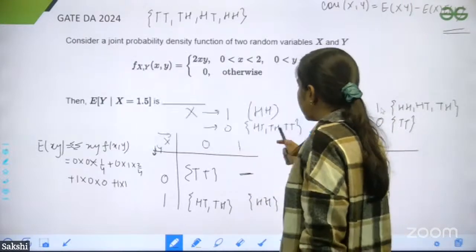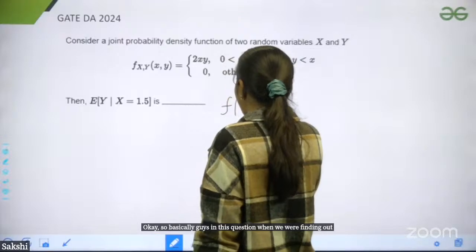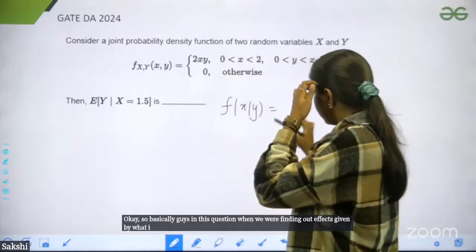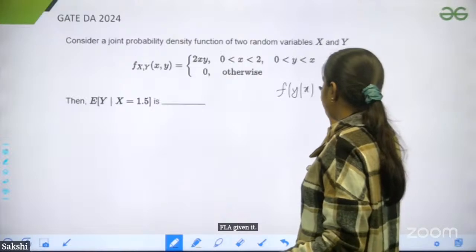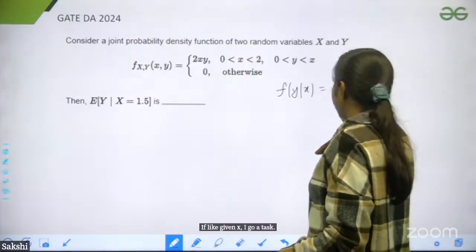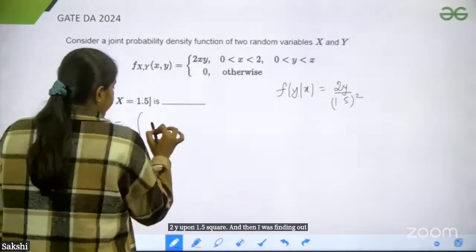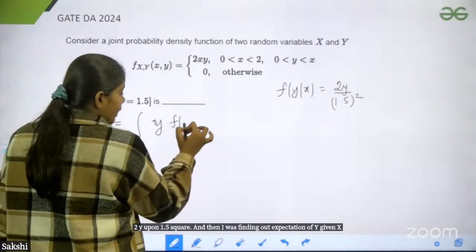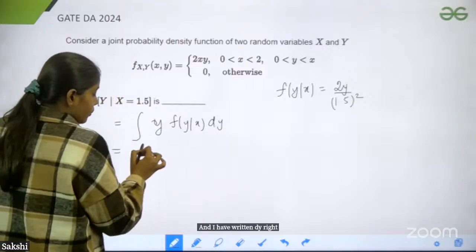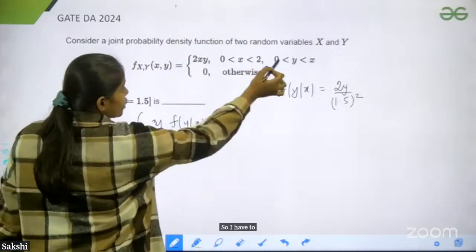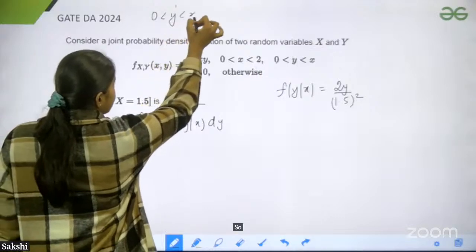Okay, so basically, guys, in this question, when we were finding out f of y given x, I got f of y given x as 2y upon 1.5 square. Then I was finding out expectation of y given x, and I have written f of y given x, and I have written dy. So I have to integrate the limits of y from 0 to x, with y less than x less than 2.